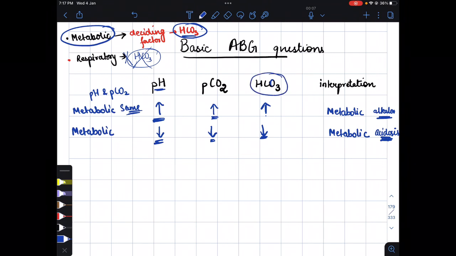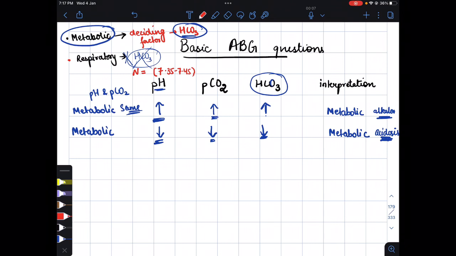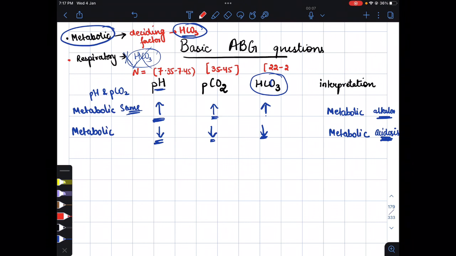Now, one more important thing is that we have to remember the correct values. The normal pH value is 7.35 to 7.45. The normal partial pressure of CO2 is between 35 to 45, and the normal bicarbonate value is 22 to 26.